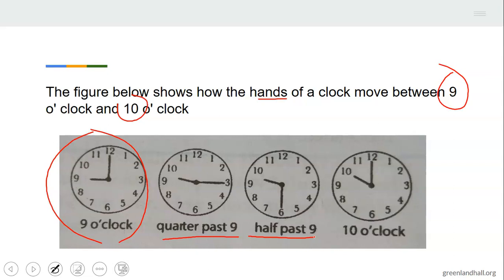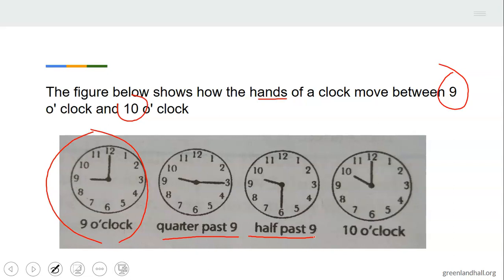And at 10 o'clock, you can see from 12 back to 12, that means the hand of the clock has completed one revolution. And in so doing, the hour hand has moved from 9 to 10.